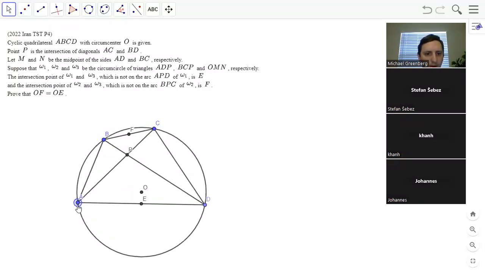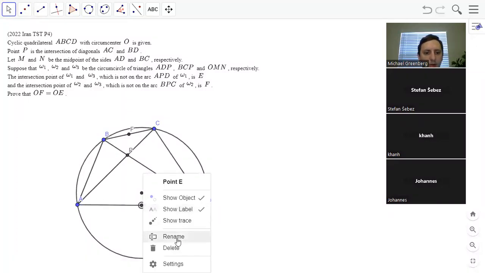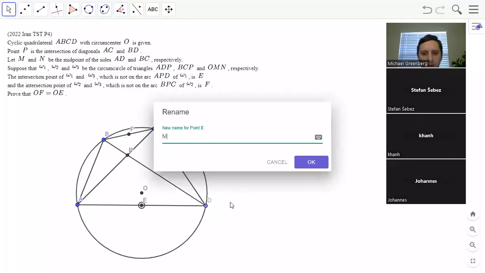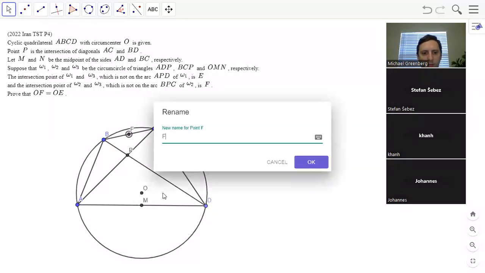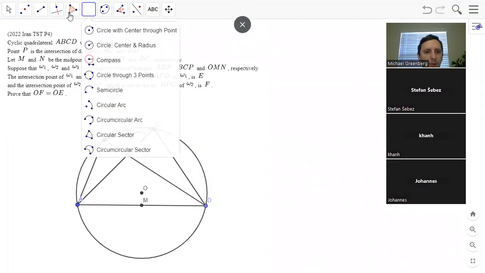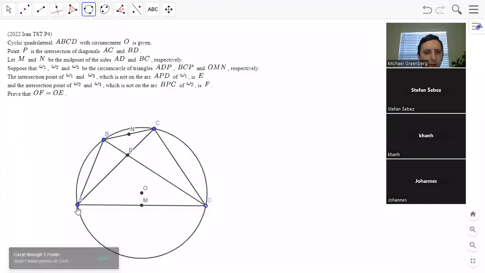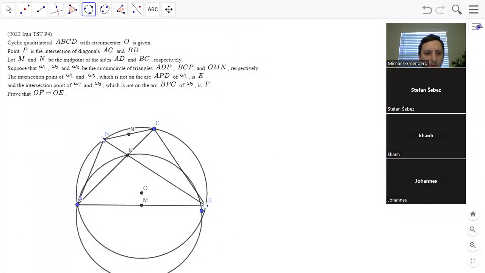I see Hakan just joined. So this will be M, and this will be N. Then we draw the circumcircles of ABP, BCP, and OMN, and we try to see where the circumcircle of OMN meets those two.